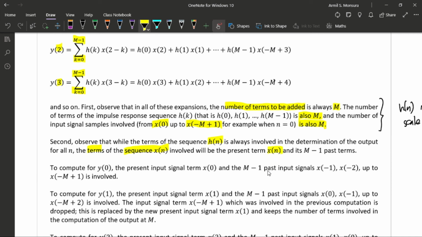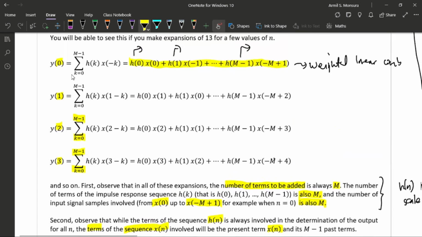Lagi kayo magsisimula, if you have to compute the output of a causal FIR system, you always start with the present term. If you have to compute y0, you would start with x0. That's the present term. These are the past terms, x of negative 1 up to here. Those are past terms.